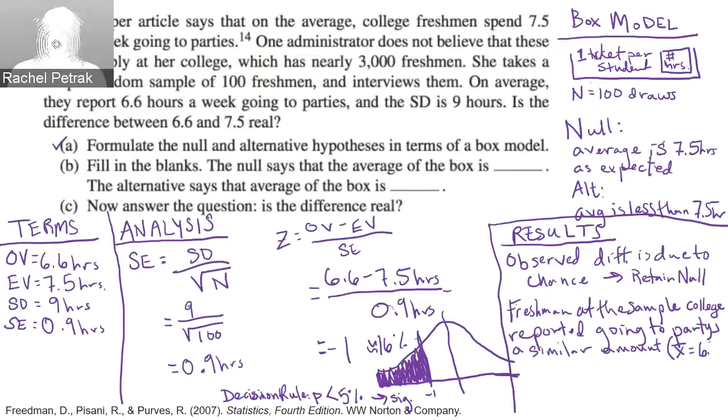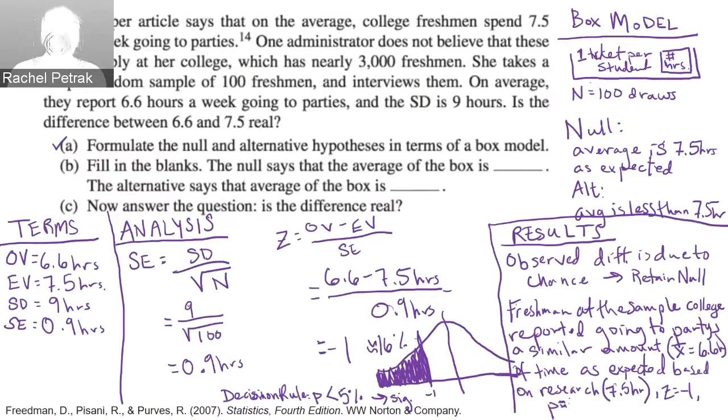Oftentimes when you write sentences, you have to revise them. That's expected. The freshmen at the Sample College reported going to parties a similar amount of time, as expected based on research. And we know the expected value based on research is 7.5 hours, comma, our z is -1, P equals, we should say P is about 16%.